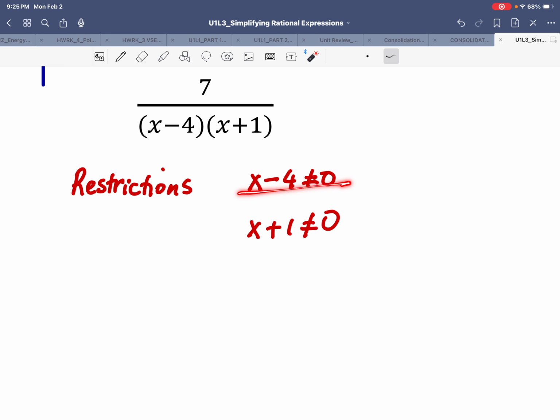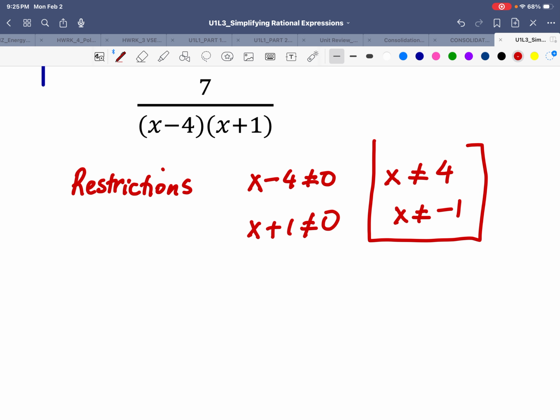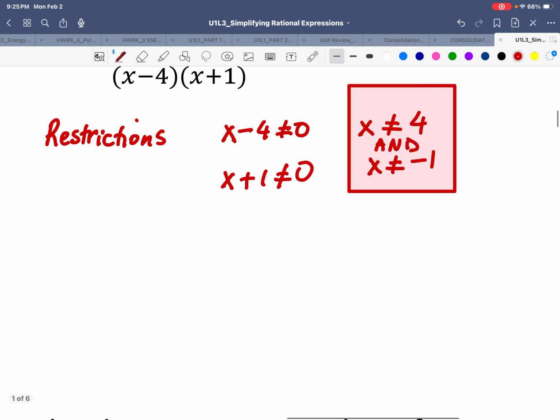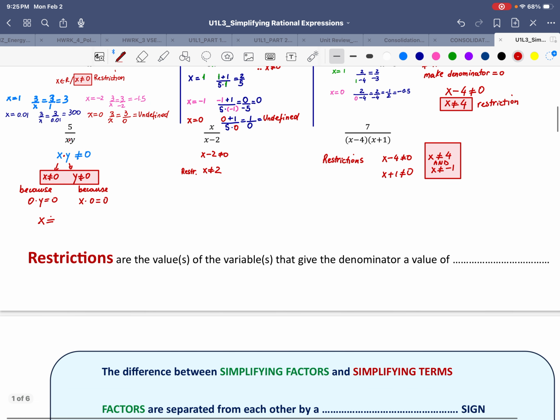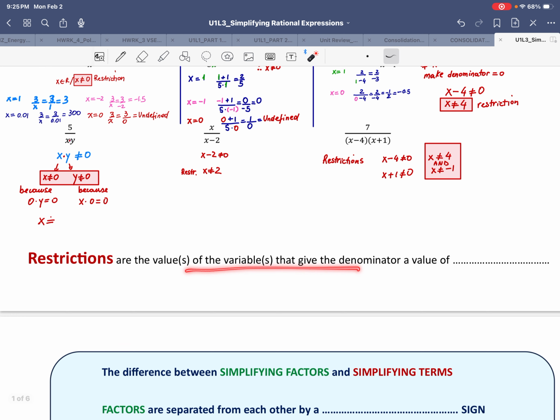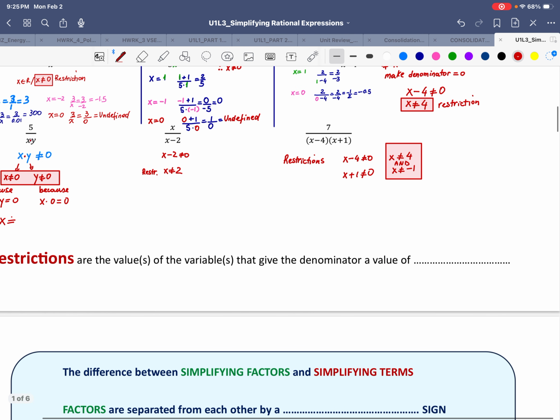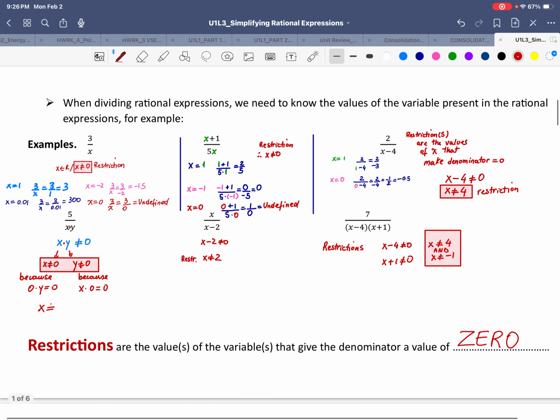So x minus 4 different than 0, and x plus 1 different than 0, which means that x is different than 4 and different than negative 1. And these two conditions must be satisfied simultaneously. It's not one or the other, but one and the other. So x different than 4 and x different than negative 1. Remember, restrictions are the values of the variables that give the denominator a value of 0, and this is the most important thing that we need to take from this small exercise here.